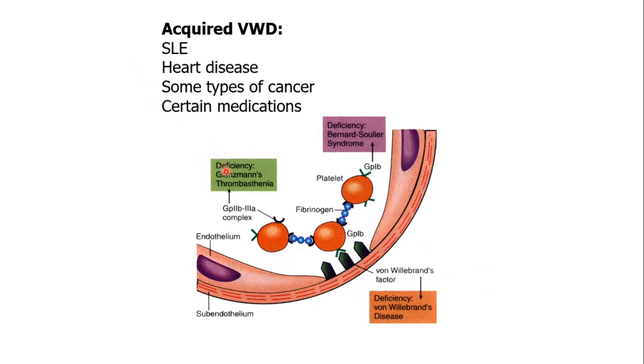This morning we already discussed the various other factors in the platelet complex: glycoprotein 2B3A, deficient in thrombasthenia, and Bernard-Soulier syndrome, which is glycoprotein 1B, which all help in platelet functions, including platelet adhesion by glycoprotein 1B or von Willebrand factor attachment.